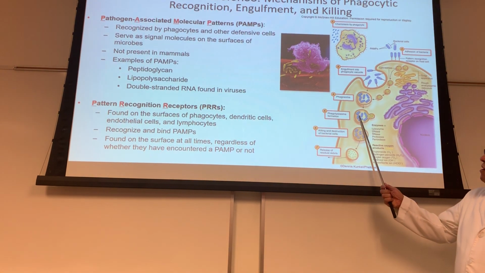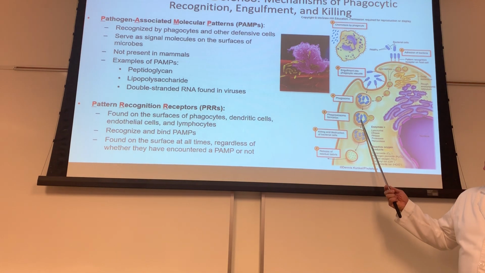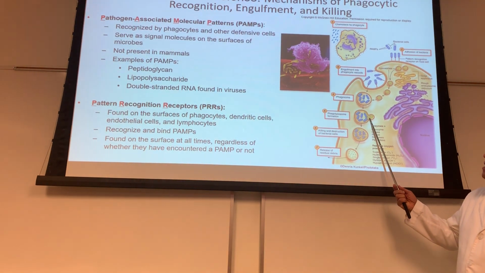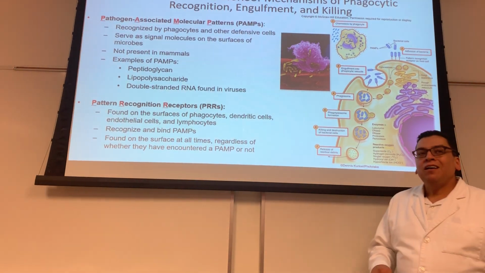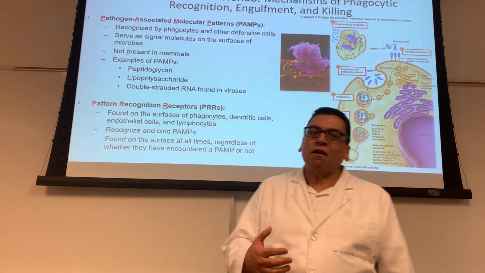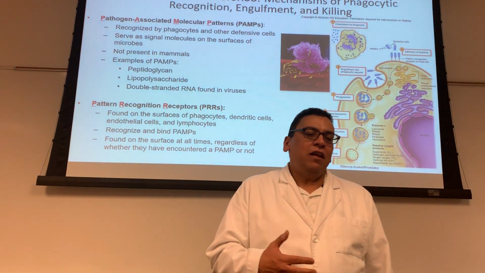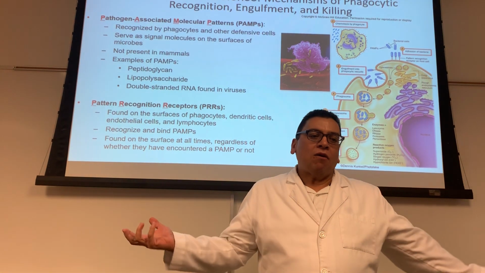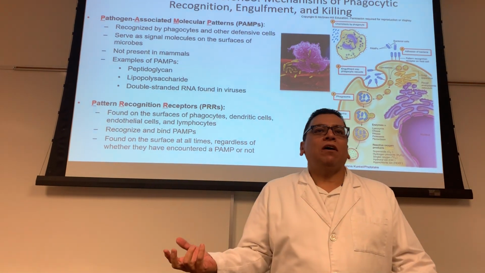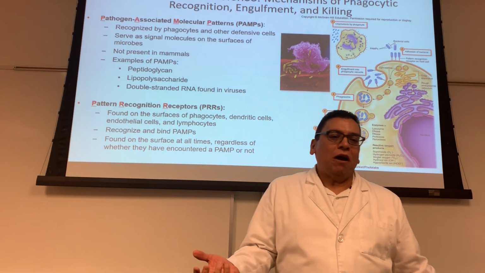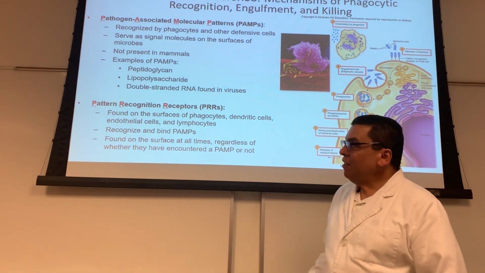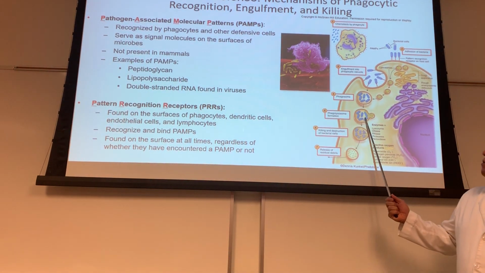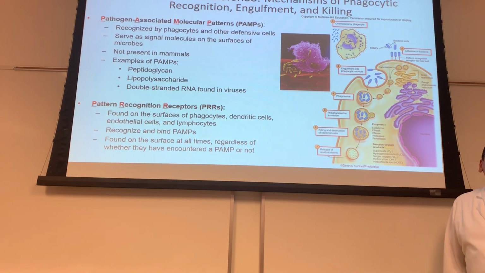Now the bacteria is going to start feeling the pain of the hydrolytic enzymes. We told you before that lysosomes have hydrolytic enzymes that are very active in breaking macromolecules apart. And what's a bacteria? It's just a collection of macromolecules, just like you are. So no bacteria can survive the attack of the hydrolytic enzyme.